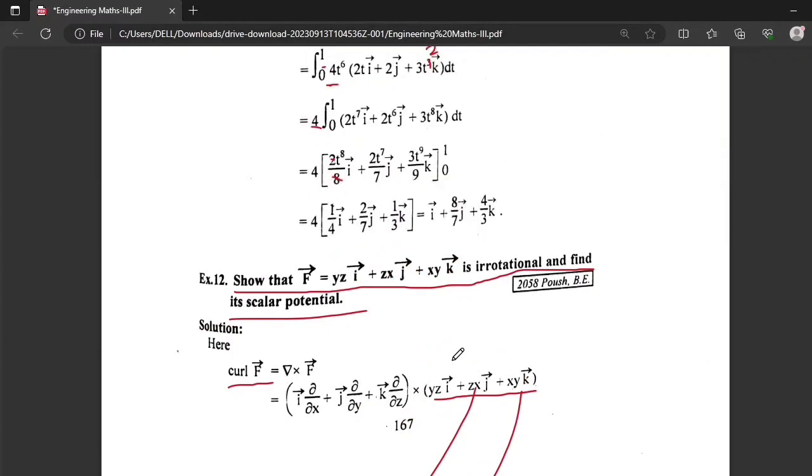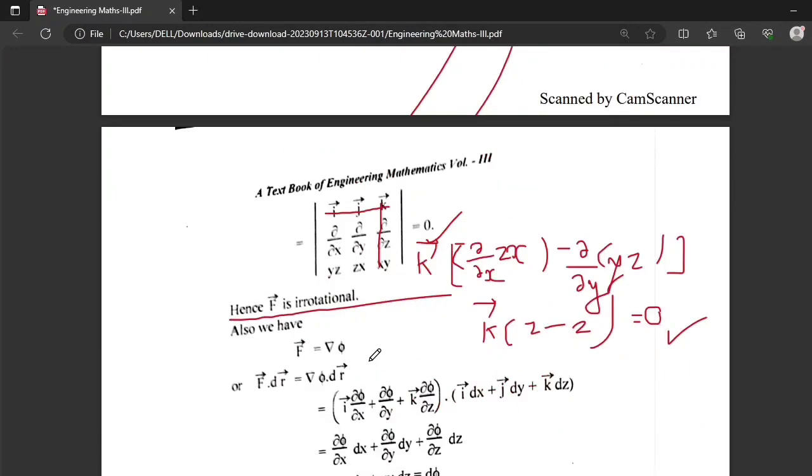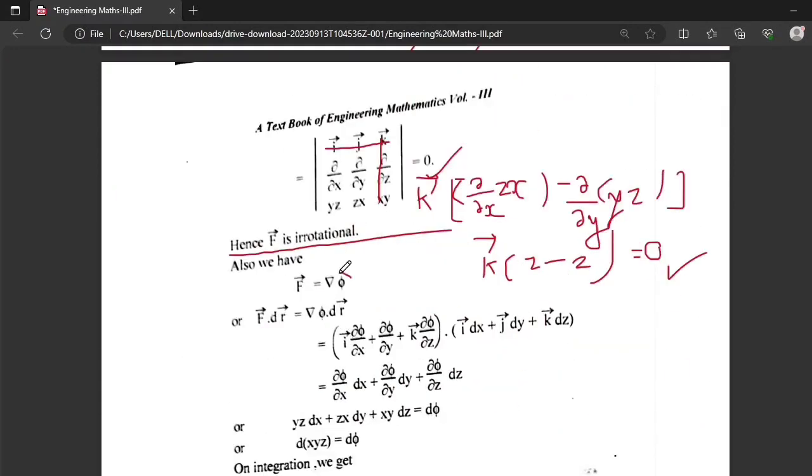Now we need to find the scalar potential. Let that scalar potential be phi. So we have F vector is grad of phi.